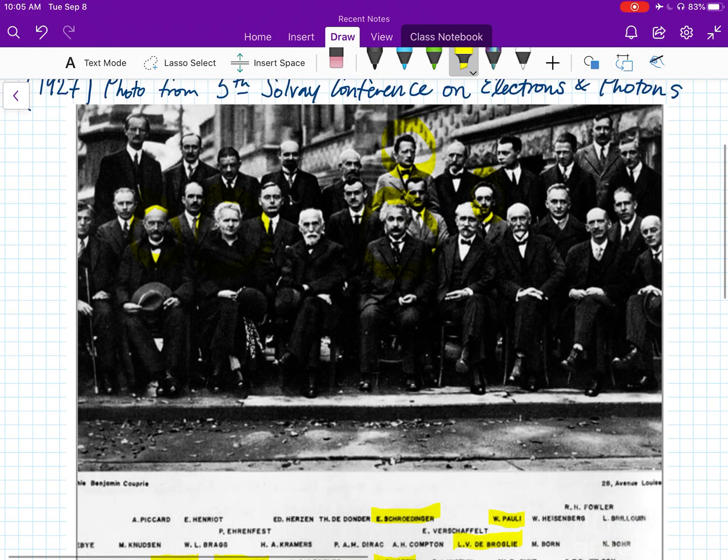So Pauli is over here. All right, so we have a lot of famous faces here who are the scientists who really pioneered the field of quantum mechanics. So everything we're going to talk about in this chapter kind of comes about from their discoveries in the very early 20th century.